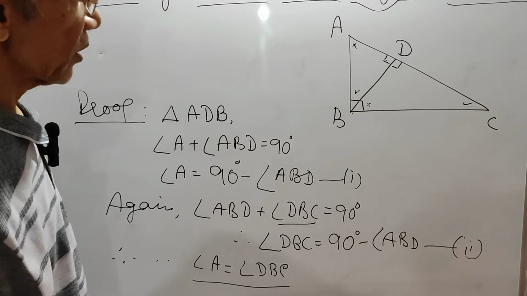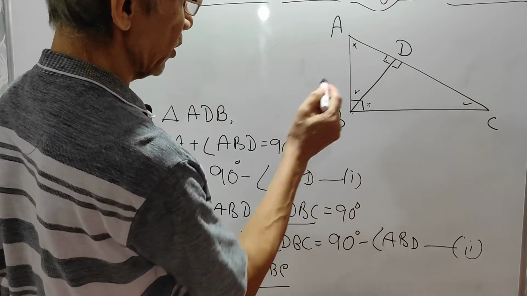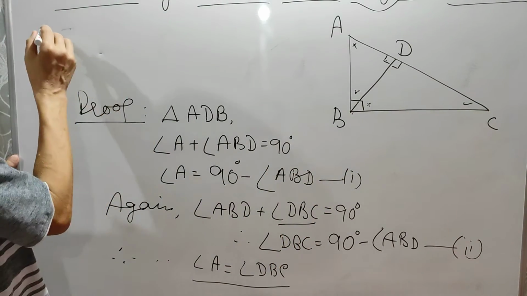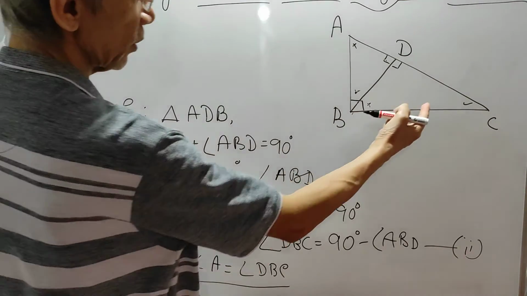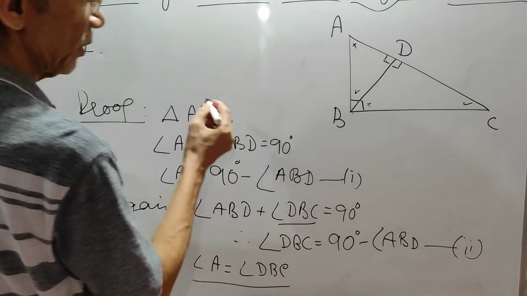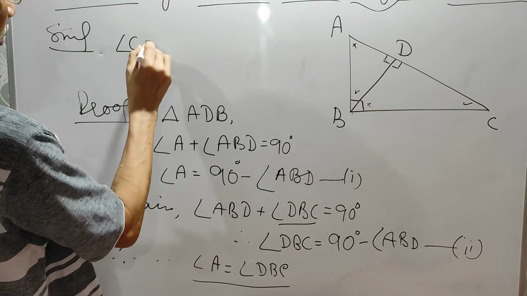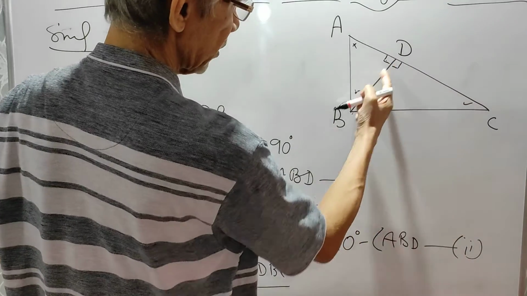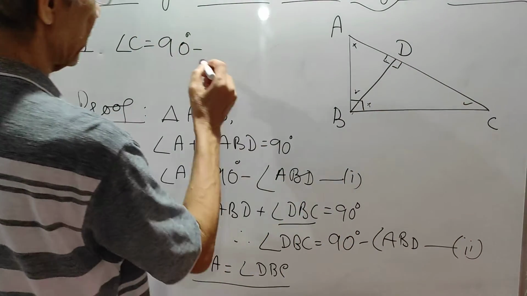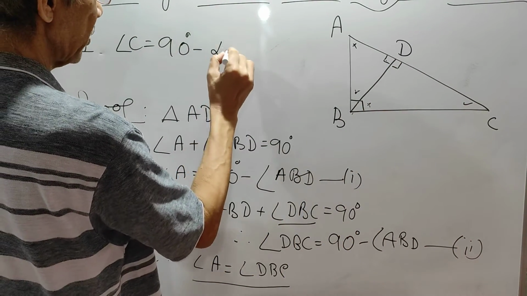So to get C equal to ABD, again you see briefly. Similarly, C equal to 90 minus DBC, since C is in the right angle triangle.